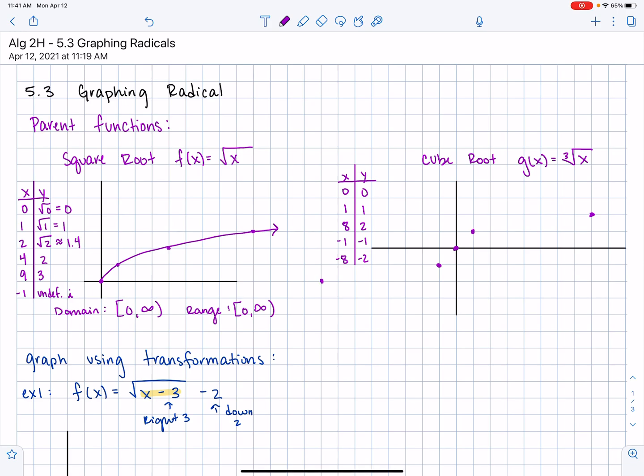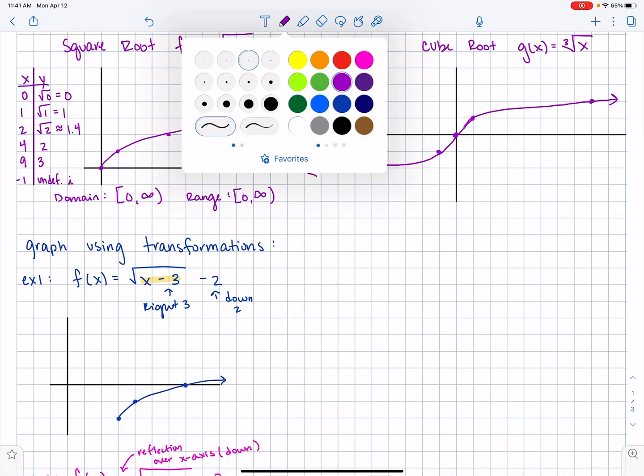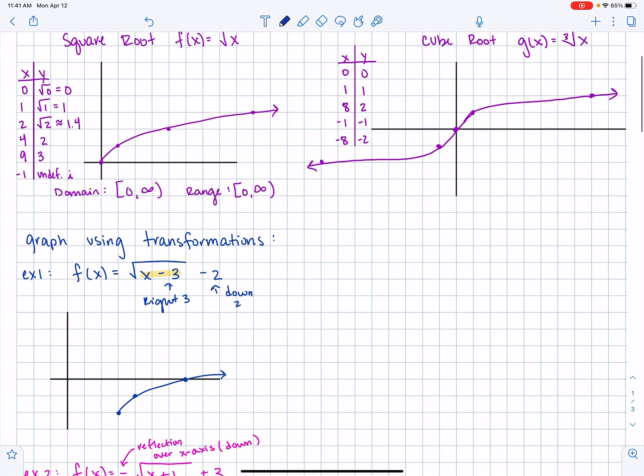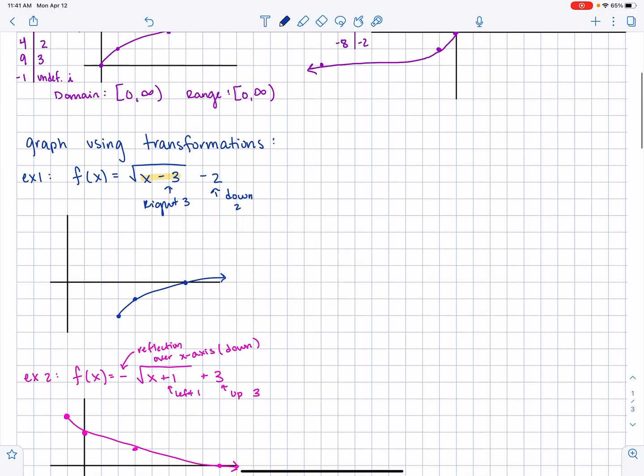And now you can see that this parent function looks like an S shape, like a really stretched out S. I could have done a little better job of drawing those curves in there. But that's your cube root parent function. And just like with your radical functions, you're going to graph using our transformations. I was on example 5, so I'm on example 6.